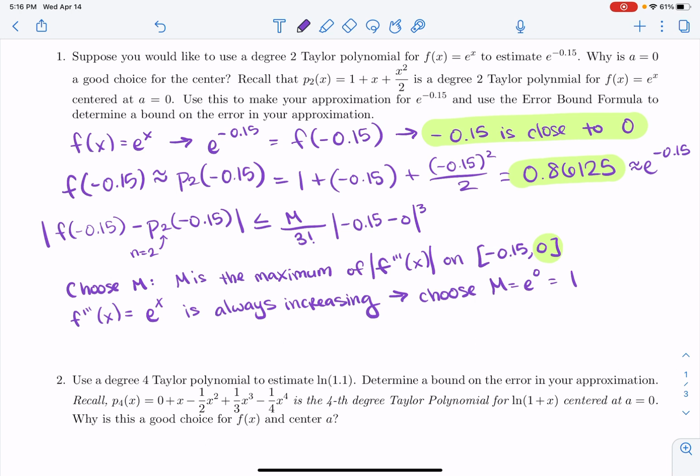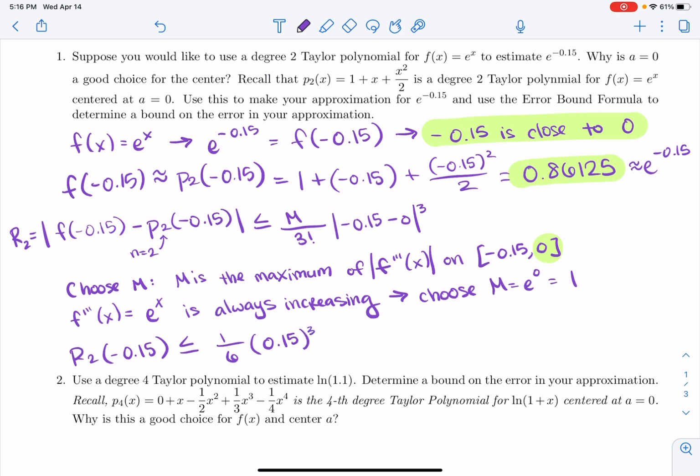Okay, so that means my error, this is like R2 of minus 0.15, is less than or equal to 1 over 3 factorial, which is 6, times 0.15 cubed.